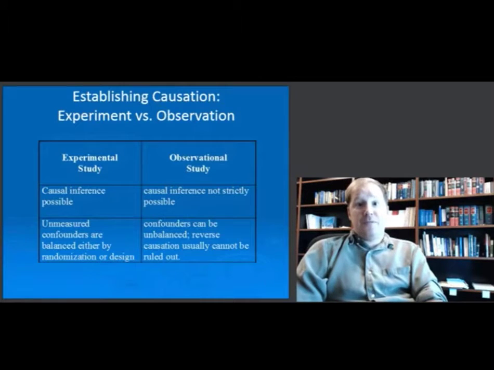In the case of observational studies, we lack the power and strength of an experimental study's ability to infer causation, and that's often because we can't control for chance, bias, or confounders or reverse causation that come up in observational studies as well as in experimental studies, but that are controlled for in the experimental study either through randomization or through the design of the experiment.